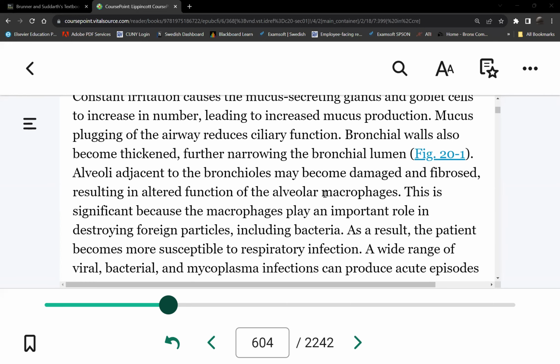Therefore, the chronic inflammation results in the thickening of the wall of the airway, plus you add the increased mucus there. So what happens to the diameter of this patient's airway?